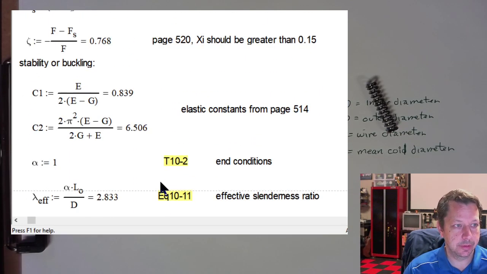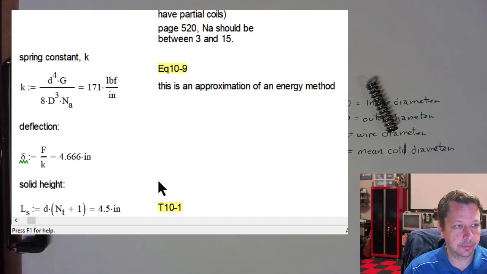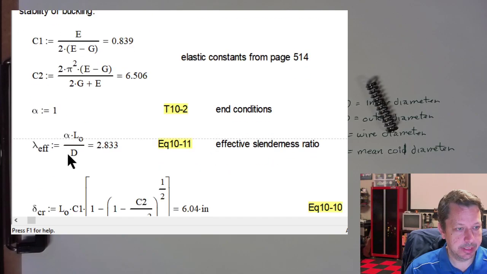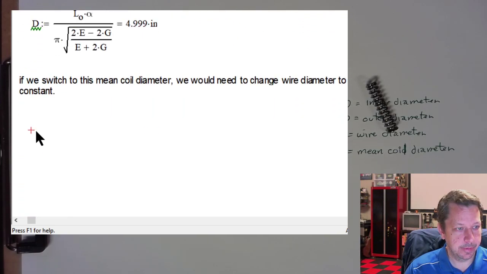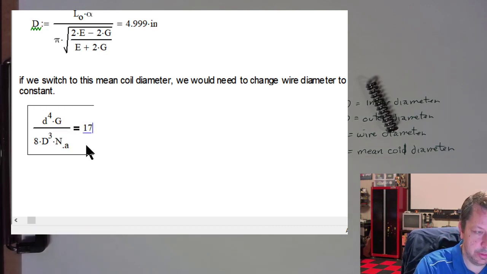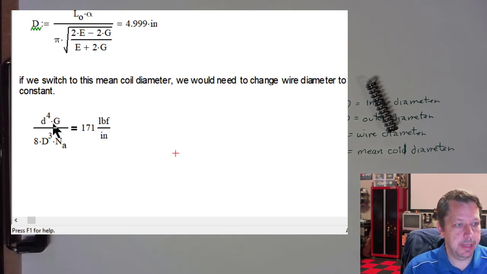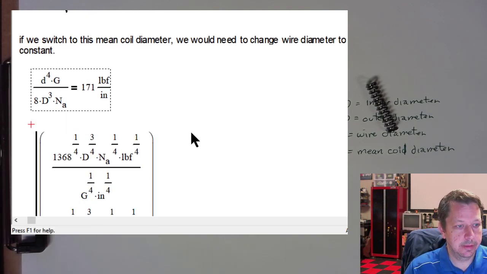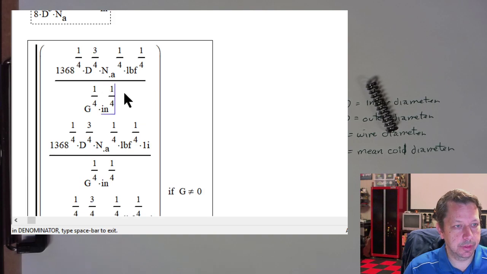So we'd go up here. They're both in this equation. So we would set, let's see if we can do that real quick. Control C, let's bring it down here. So this is equal to 171 pound-force per inch. And we want to solve for this guy. We get some imaginary numbers. We don't want those.